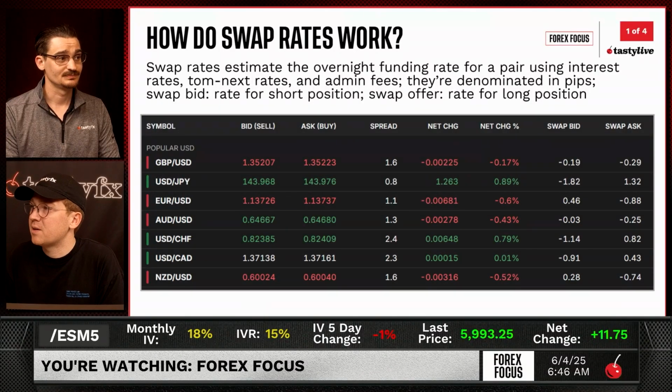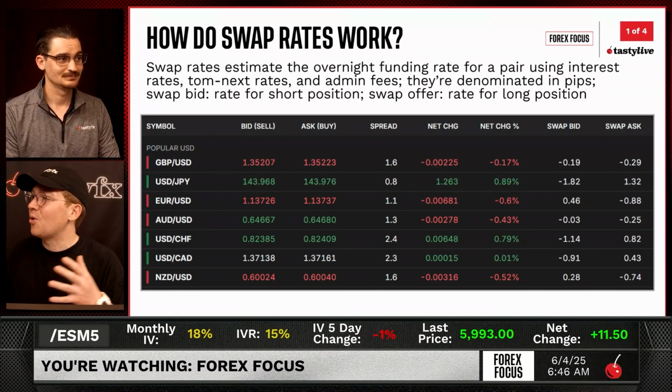Like 0.5% per year. So if I just want to hold this for one night, you're talking about 1/365 times that 0.5%. Or if there's an interest rate differential between the U.S. and the Swiss National Bank of 4%, if you were going to hold it for a whole year, that difference would be like 3.5%.